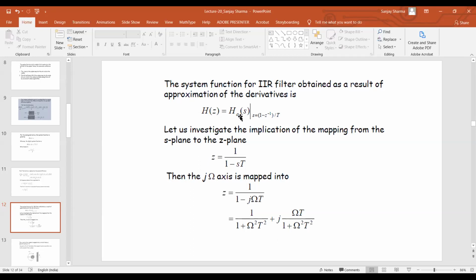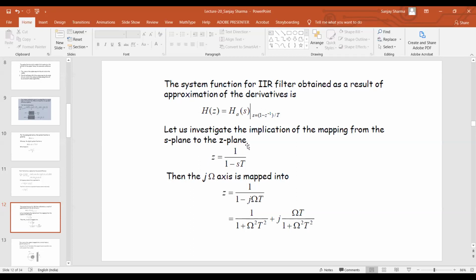That's the procedure I was telling you: to have all the transfer functions which already exist corresponding to analog filters. Once we get Hs, you replace every s with 1 minus z to the power minus 1 divided by T. Once you do that, you will get the digital filter out of that. This is the method of approximation of derivatives.